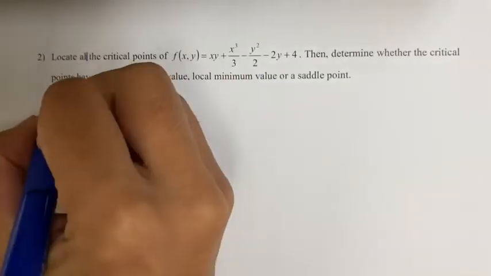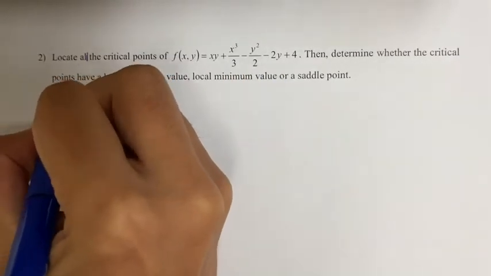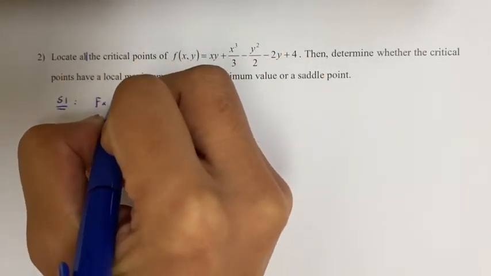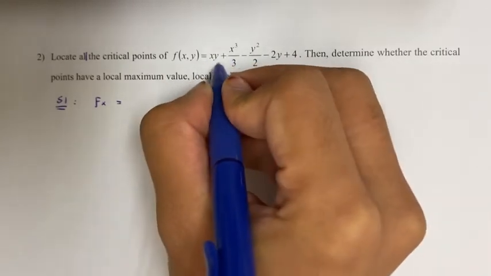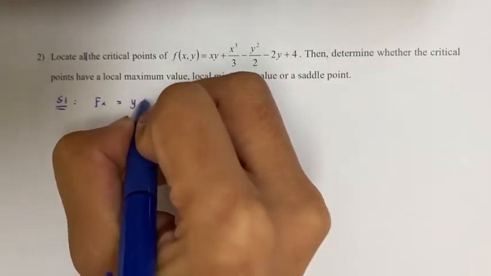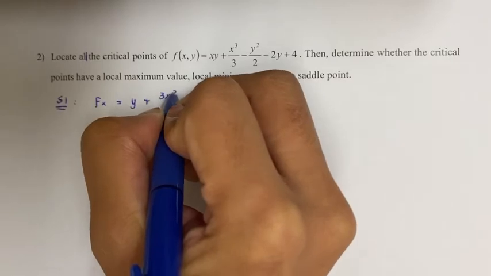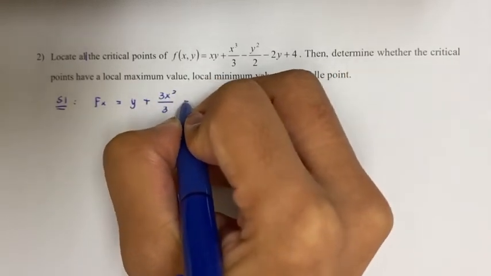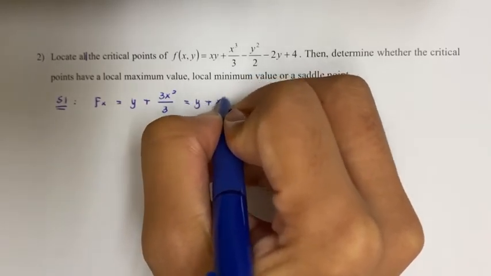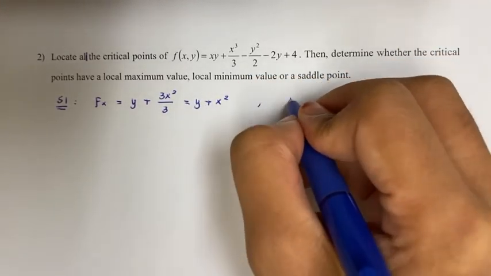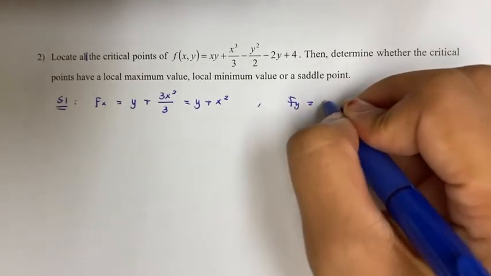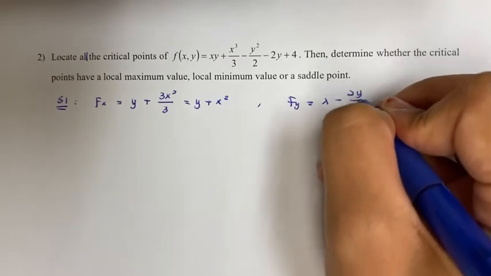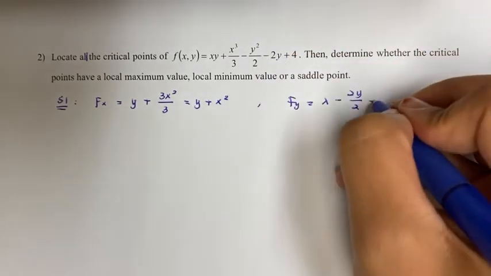Okay, let's start with the first step. The first step is to find fx, which is basically equal to y plus 3x squared over 3, so this is equal to y plus x squared. Then find fy. fy is x minus 2y over 2 minus 2.